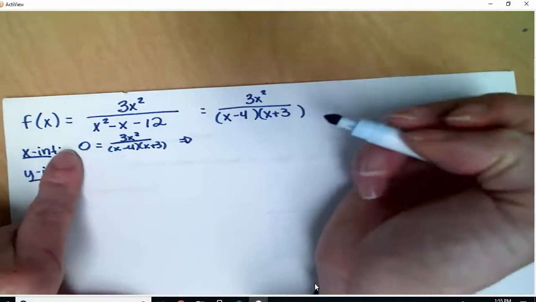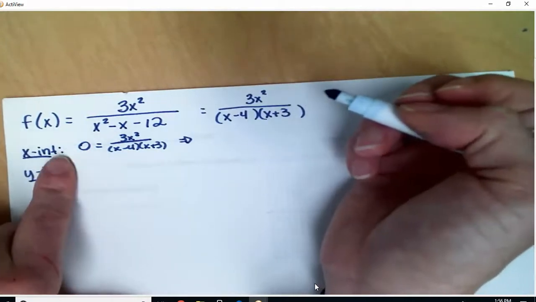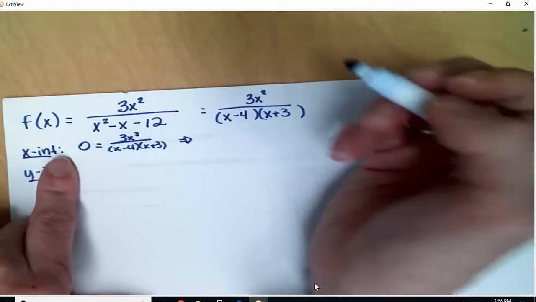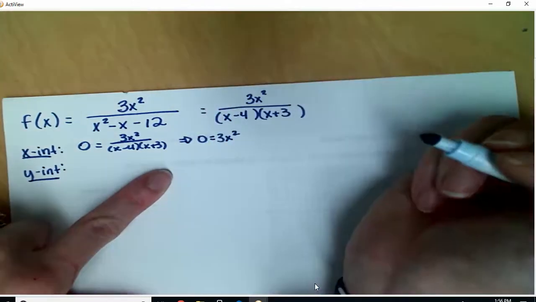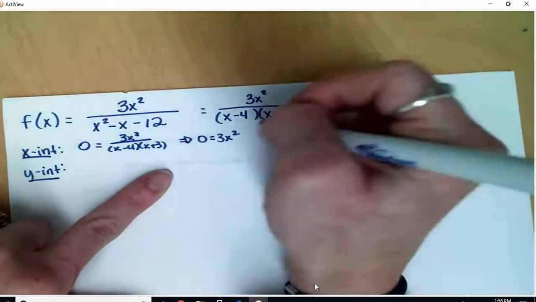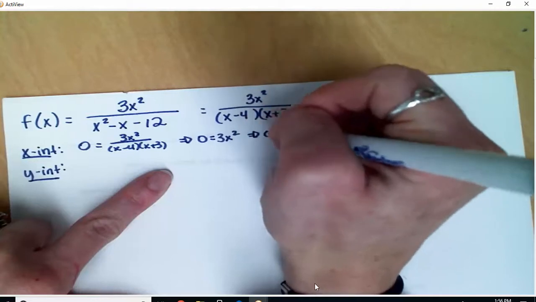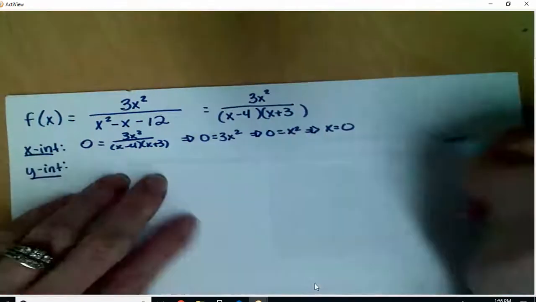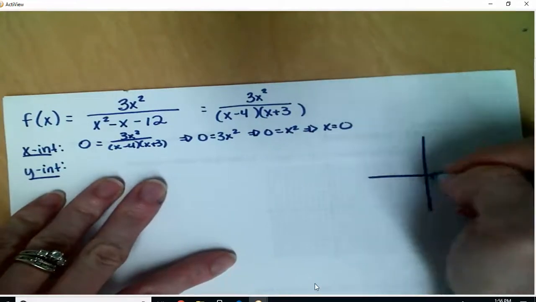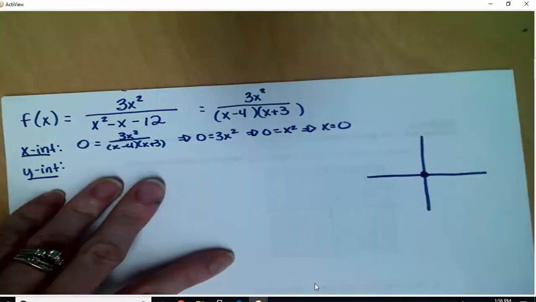You'd multiply over your denominator, wouldn't you? What's 0 times anything? So I get 0 equals 3x squared. Divide by 3. So 0 equals x squared, so what's x? 0. So on my graph, my x-intercept, we hit the x-axis at 0.